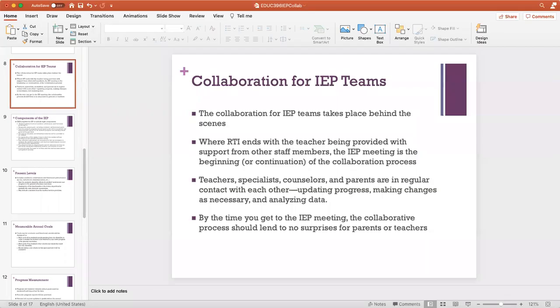So the other place that collaboration needs to occur for the IEP team overall is not just on implementation, but on intervention.